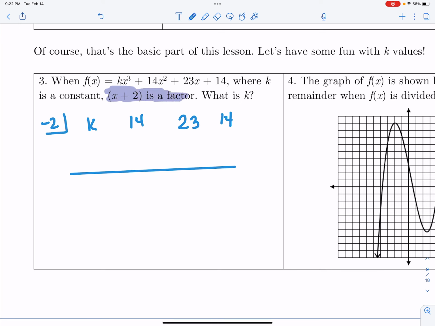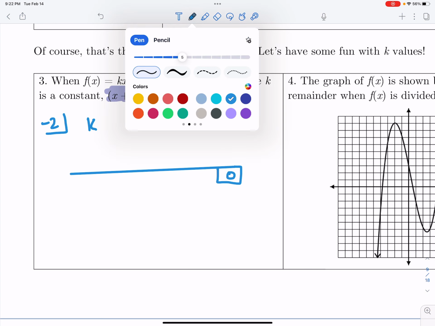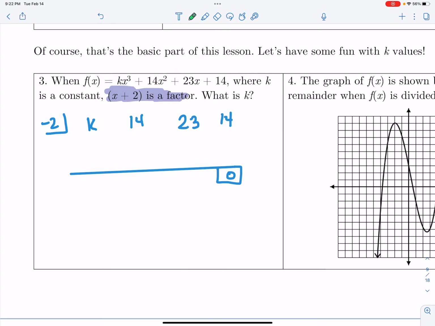I want to find out what k is, and I know that x plus 2 is a factor. Since x plus 2 is a factor, I know that my remainder has to be 0, and essentially what we're going to do now is work backwards to find my k value. So working backwards, if I have a remainder of 0, this right here needs to be a negative 14. And if this is a negative 14, then this right here has to be a 7 because negative 2 times 7 gives us negative 14.